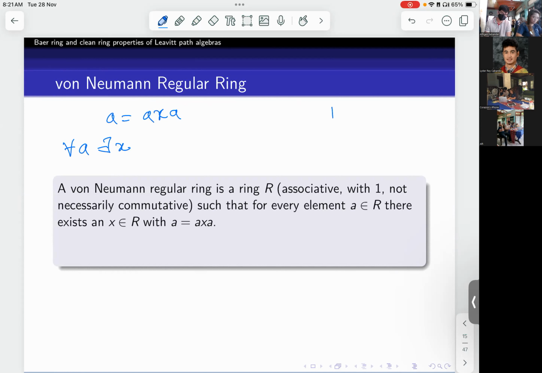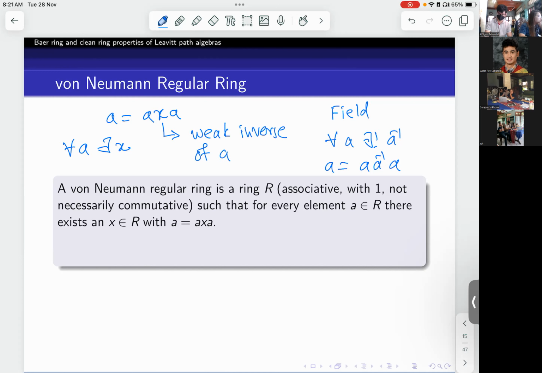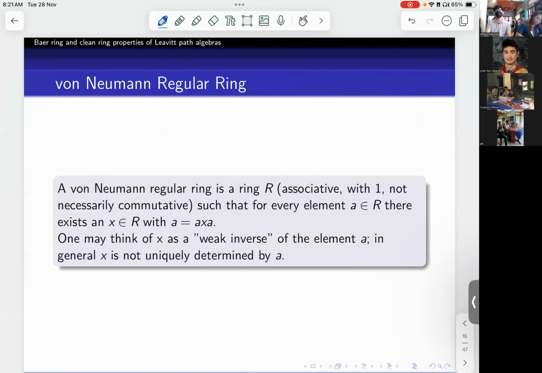Let's say if you have a field, then for every A you can have A inverse, and we can write A equals A times A inverse times A. So you can think of this X as a weak inverse of A. Now, since we are not necessarily in a field, it may happen that AR is 0; A may become a zero divisor.